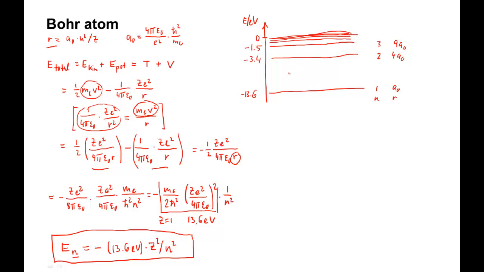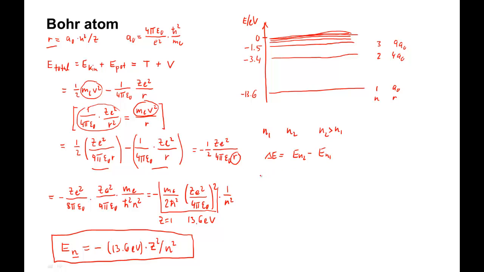Transitions between these states occur via absorption or emission of photons. The energy of an emitted or absorbed photon must match the energy difference between two states. Let's calculate that. Let's look at two states with quantum numbers n1 and n2, where n2 is larger than n1. The energy difference, delta E, between those two state energies equals E n2 minus E n1.